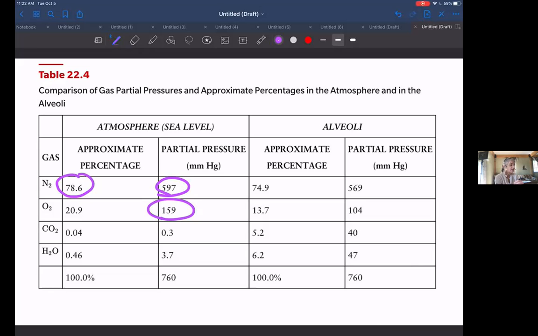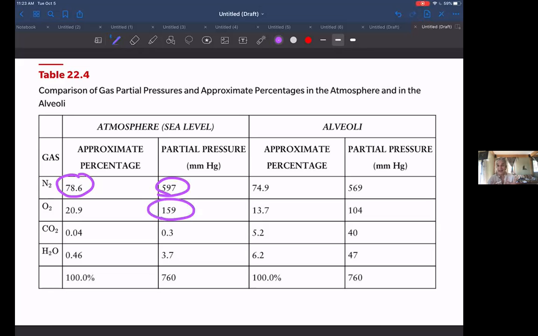You'll notice that these partial pressures are different when we look at them from the atmosphere to the alveoli. That is because when we breathe in air, some of the air stays within the alveoli. Remember, the respiratory membrane is buried deep in the lungs.